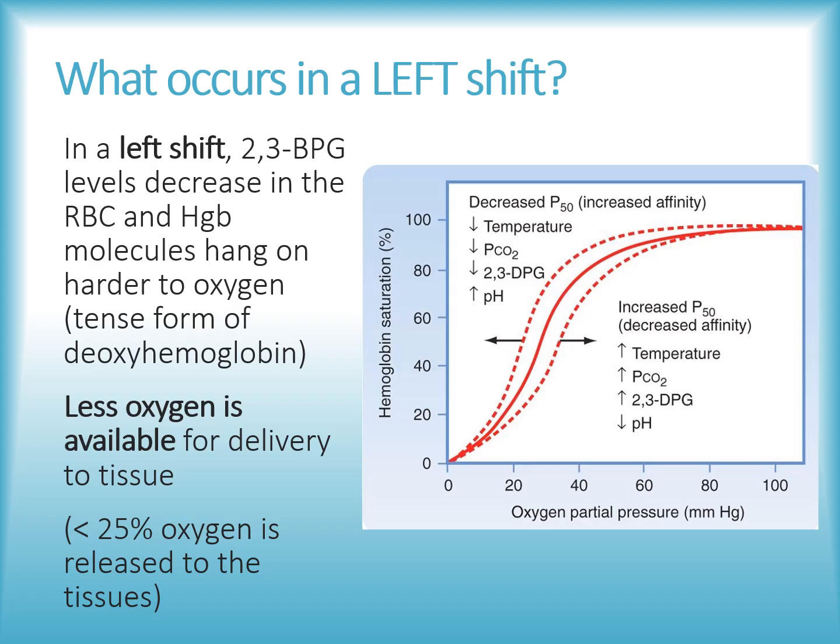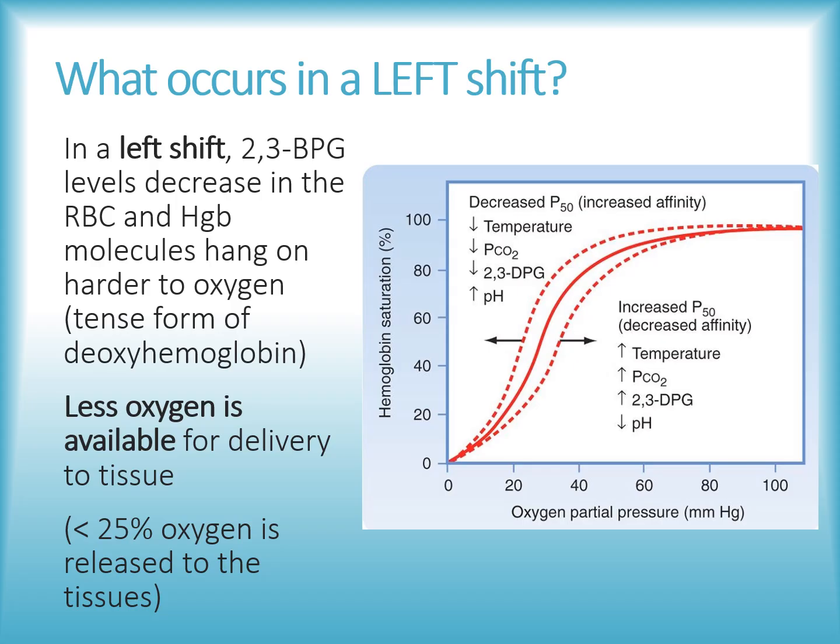On the other hand, when we have a left shift, that 2,3-BPG level is decreased in the red blood cell, and the hemoglobin molecules will hang on harder or more tightly to the oxygen. So we call that a tense form of deoxyhemoglobin. And then less oxygen is available for delivery to the tissues.